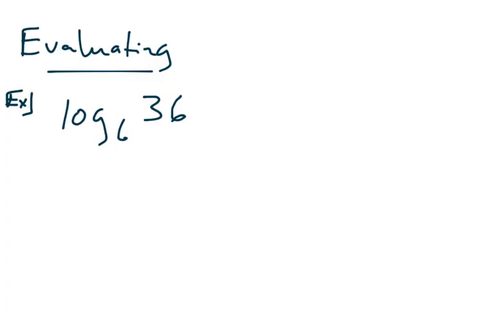So what we can do now is get into some simple evaluating. And this is kind of fun because we're just thinking about numbers. And so if you wanted to figure out the value of the log base 6 of 36, you'd be thinking exponents. That's right, you'd be thinking what would be the exponent that you could put on 6 to get 36. And of course that exponent would be 2.